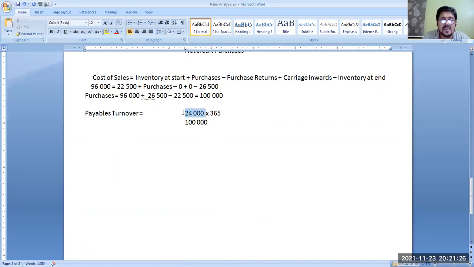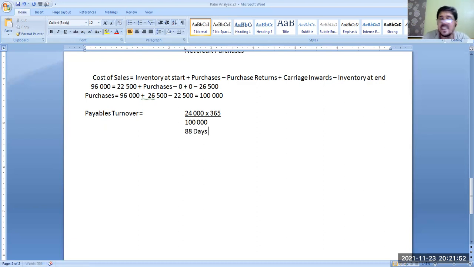Getting my point clear? This is payables turnover. So what would be the answer? 24,000 multiplied by 365 divided by 100,000. Answer is 87.6, almost 88 days.